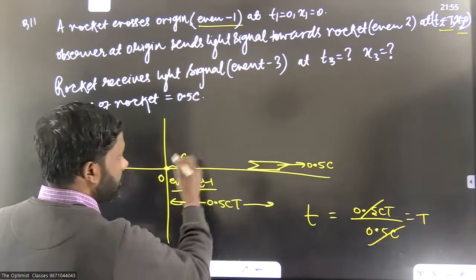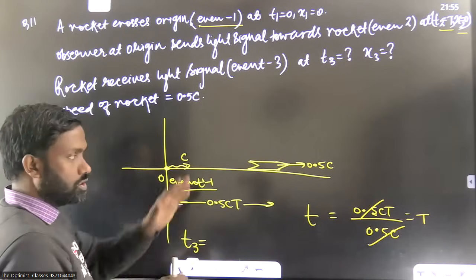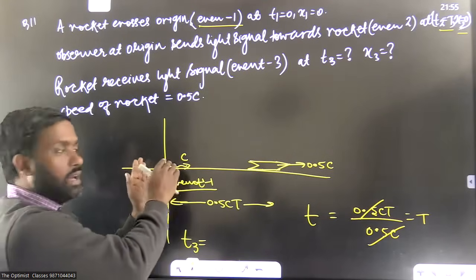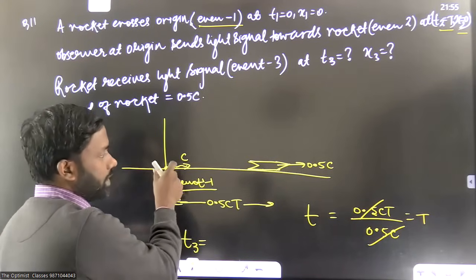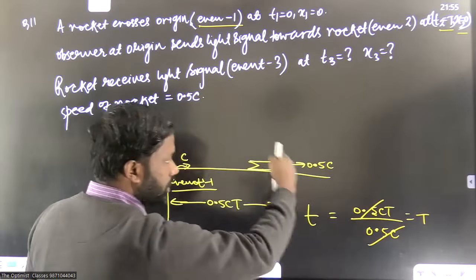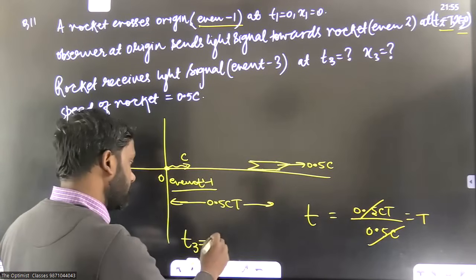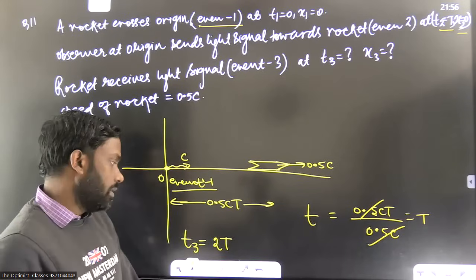The light pulse was sent at time t equal to capital T, and it will take another time capital T to reach the rocket. So the total time will be 2T. So the light pulse will reach the rocket at time 2T.